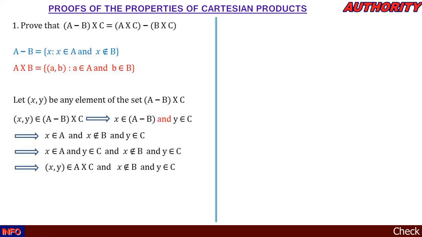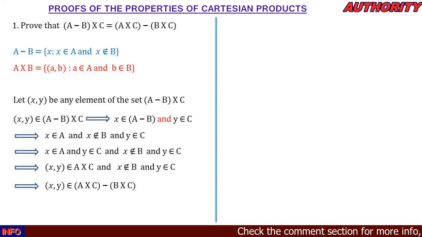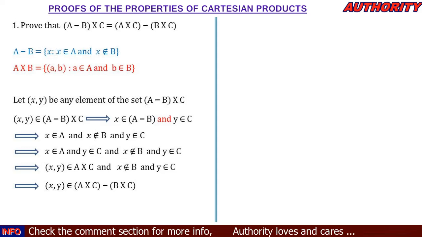So here now we can figure it out and say that X comma Y exists in A cross C, but it does not exist in B cross C. Yes, we know that it exists in A cross C, but it does not exist in B cross C, because we can see that X is not in B, but Y is in C. So that is the reason why we say that X comma Y is not in B cross C. So we call it difference.